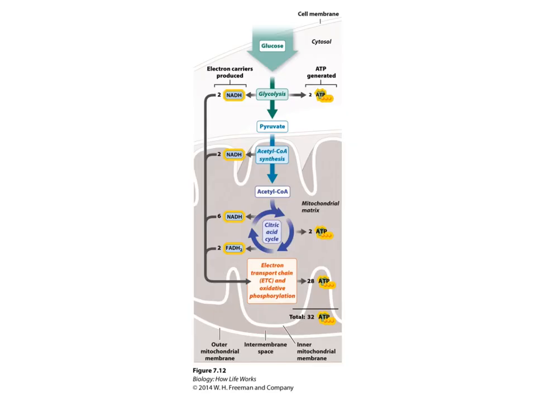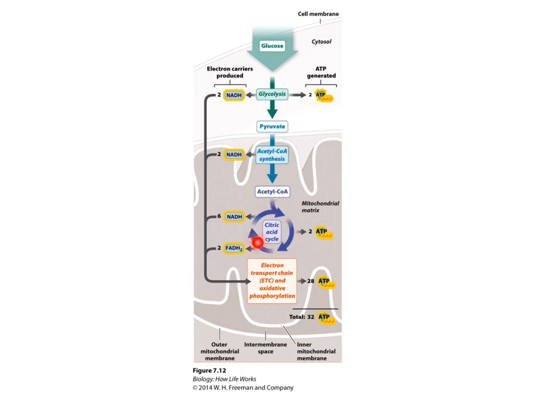If we look at our summary slide then, glycolysis makes 2 NADH and 2 ATP. Acetyl-CoA synthesis makes 2 NADH. Remember, from pyruvate we made 2 of these, so everything happens twice, so we make 1 NADH each time through.